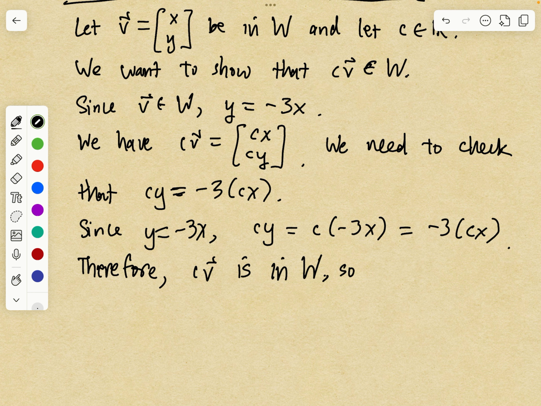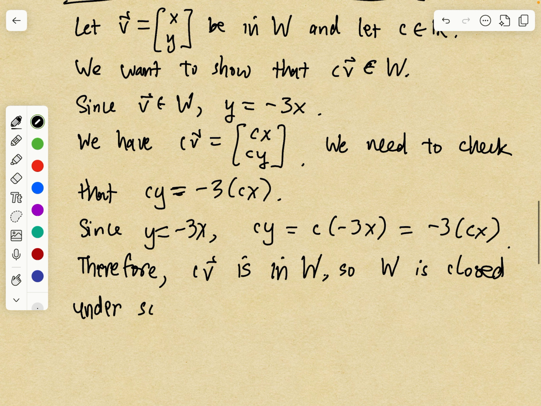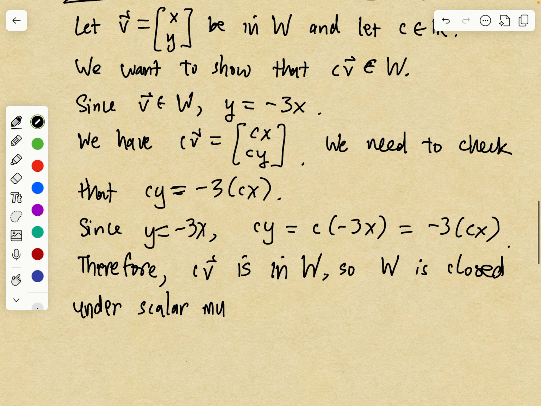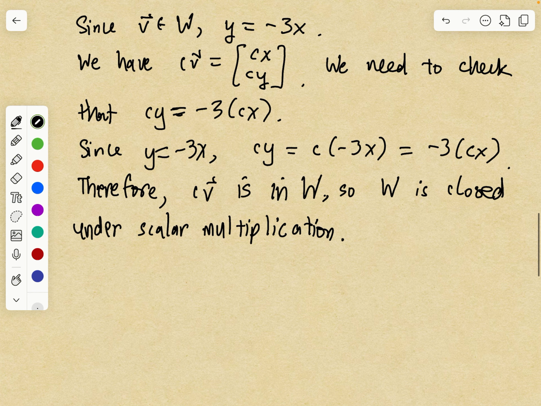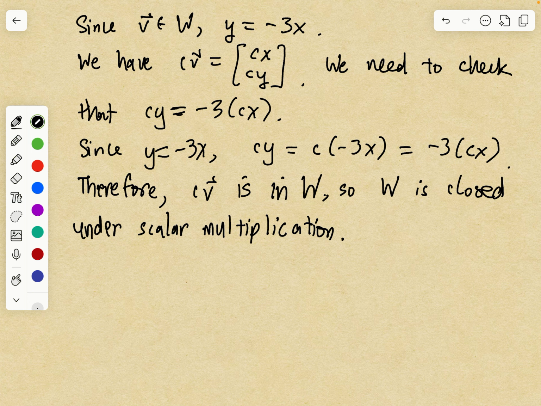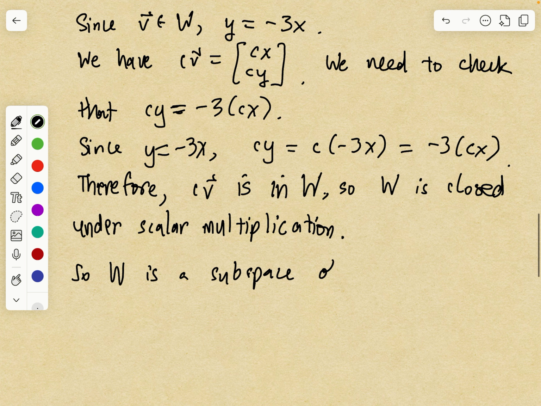And since v was arbitrary and c was arbitrary, this shows that whenever you take a vector in W, any scalar multiple has to be in W. That means that W is closed under scalar multiplication. And so we showed that W is a non-empty set. It's closed under addition and closed under scalar multiplication. So therefore, W is, in fact, a subspace of R2.